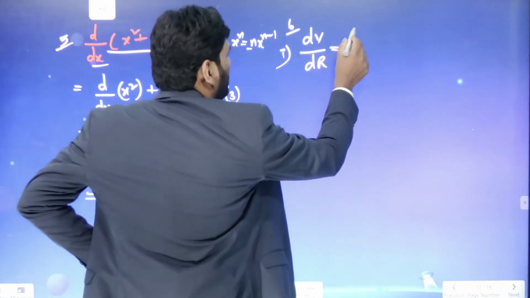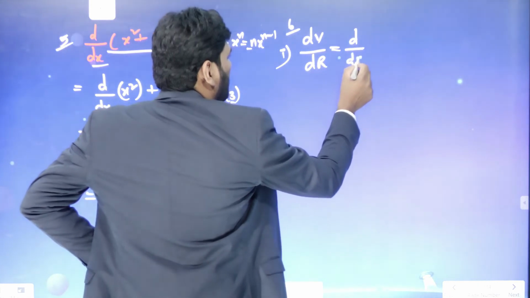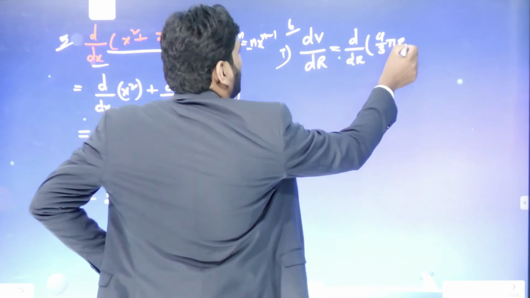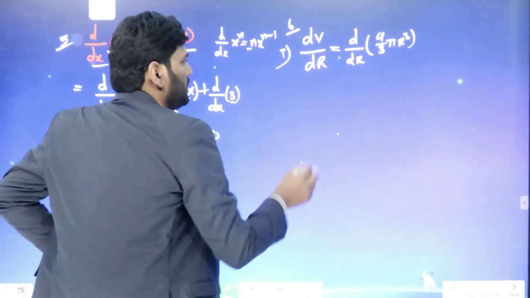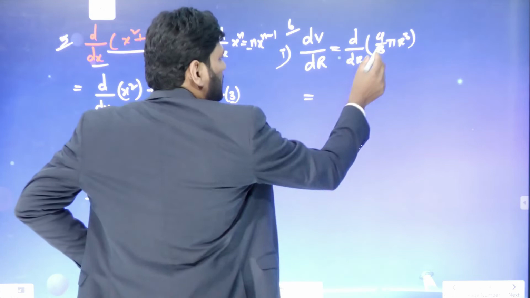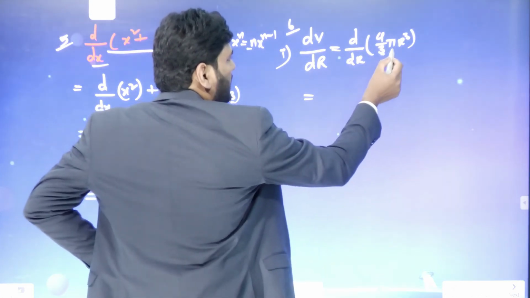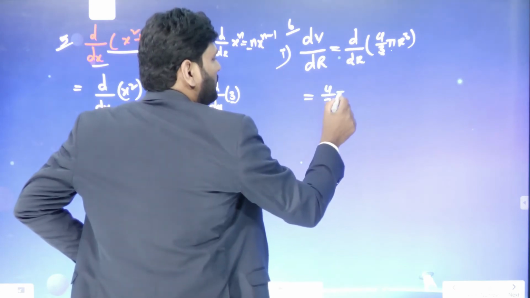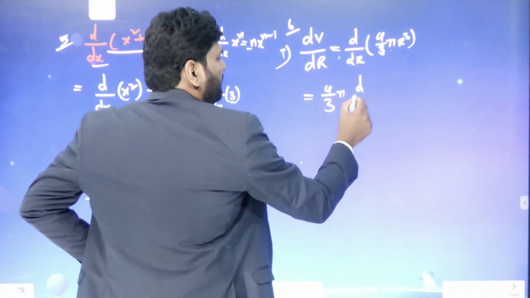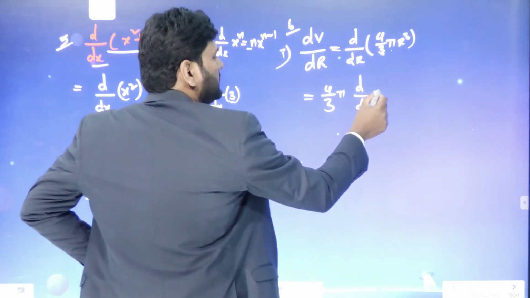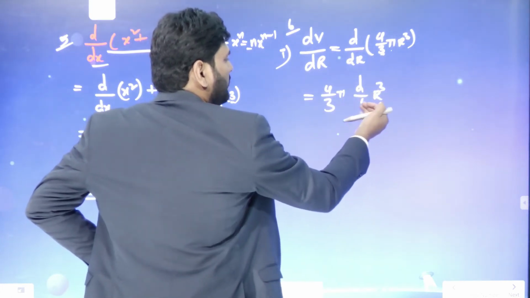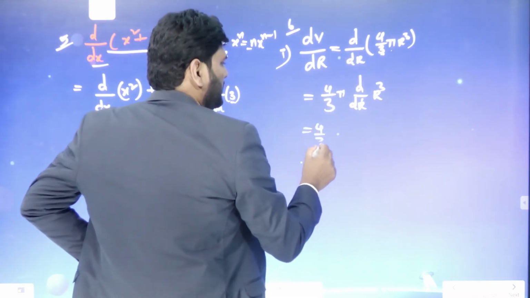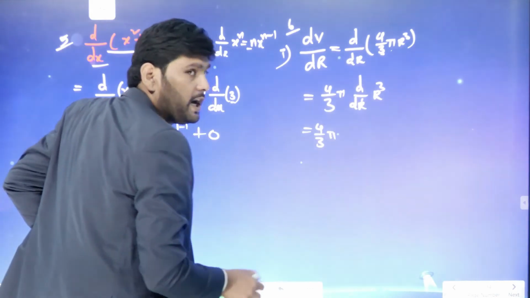Now you know already d by dr. What is the volume formula? 4 by 3 pi r cube. In this question, 4 by 3 pi is a constant, you can bring it outside of the differentiation. Sorry, here we must take dr. 4 by 3 pi times differentiation of r cube.